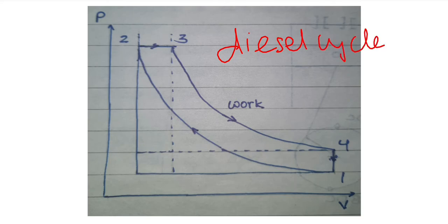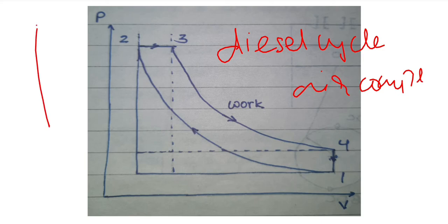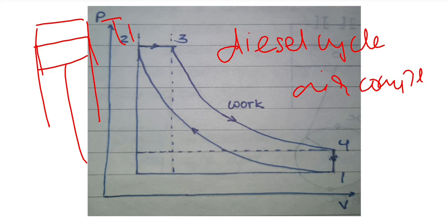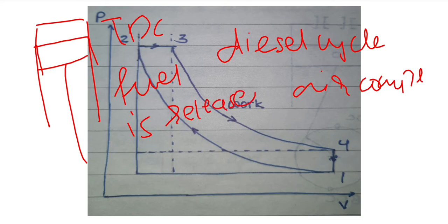One of the important things is that in the diesel cycle, only air is compressed. Why? Because when the piston is at the top dead center, then the fuel is released. First it compresses air only, and when the piston is at the top position, the fuel is released.